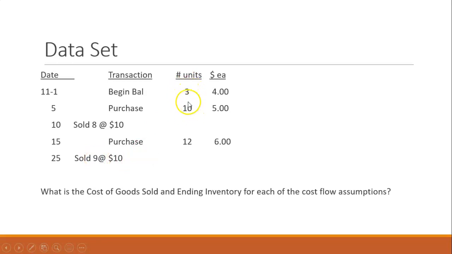And we already used up 5 out of these 10, but I still have 5 more left here of this $5 stuff. So I'm going to use that. 5 at 5. Now I need to account for 9. So far I've only accounted for 5. So 9 minus 5 is 4. I need 4 more. So I drop down here to this final purchase, and I'm going to take the final 4 at $6.